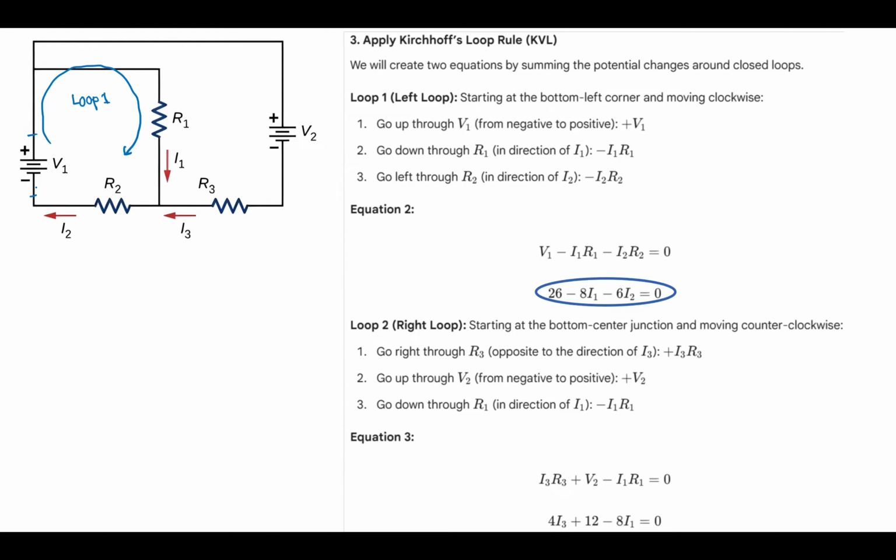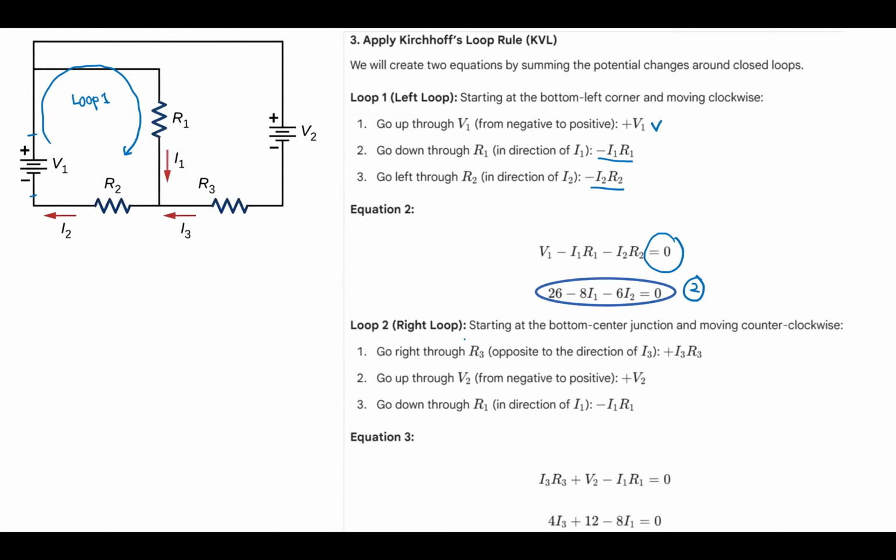The voltage given is plus V1, and go down through the R1. There should be a voltage drop, minus I1 R1, and then there's another voltage drop by I2 R2. And then we note that the sum of the voltages is going to be 0. That's Kirchhoff's rule. So this is equation 2.